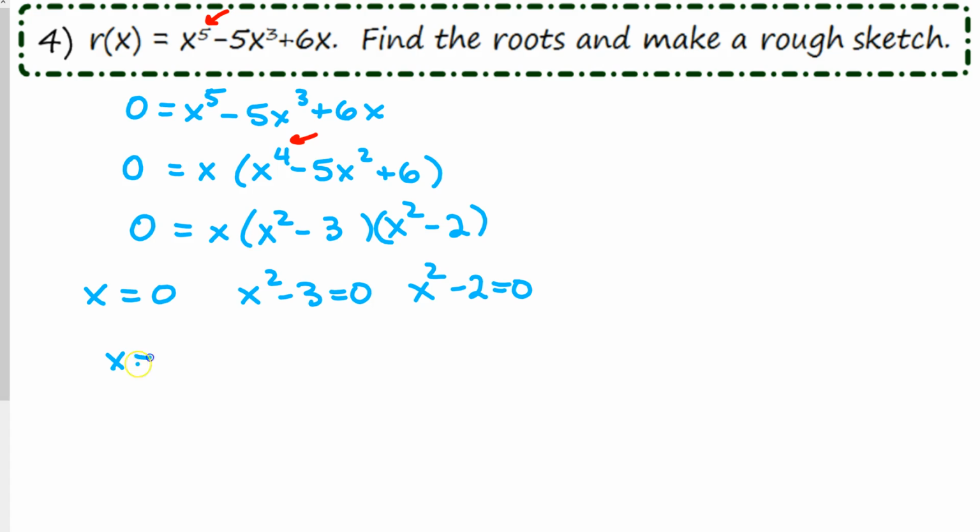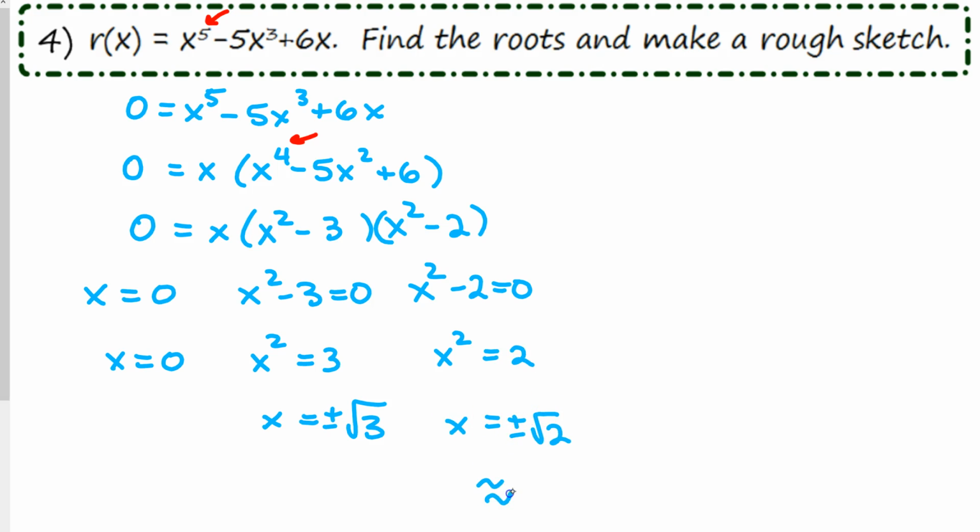So we get x equals 0, that's one of our roots. We're going to solve by square rooting. We get x equals plus or minus square root 3, 2 more roots. And then x equals plus or minus square root 2, 2 more roots. Remember, those are approximately 1.4, and the square root of 3 is approximately 1.7. So let's do our rough sketch.